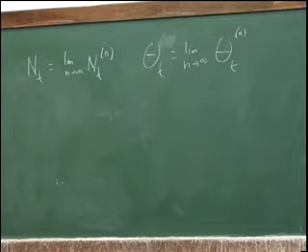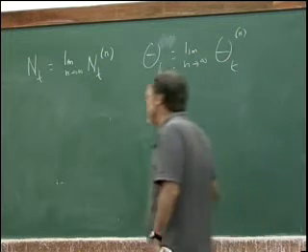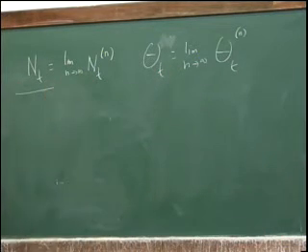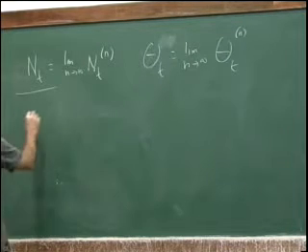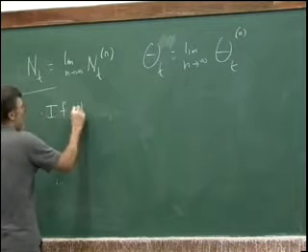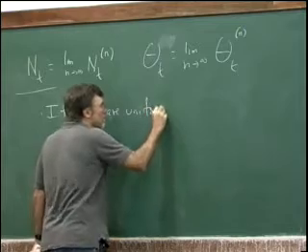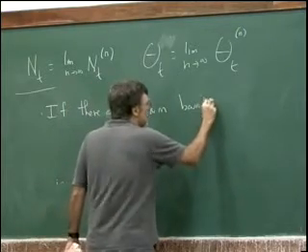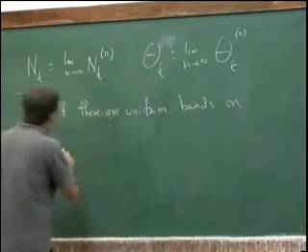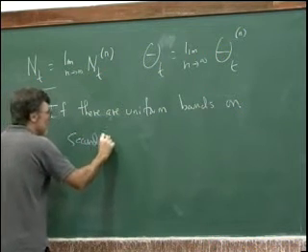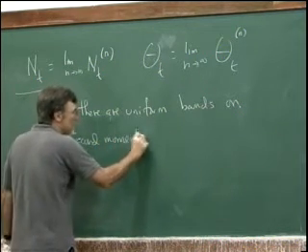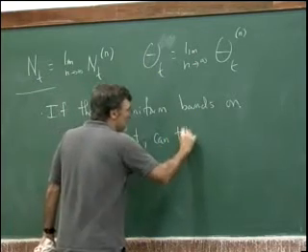So the hard question is, when can you take the limit? Well, one case, and I won't go through the details, but basically, if there are uniform bounds on the second moment, we can take the limit.